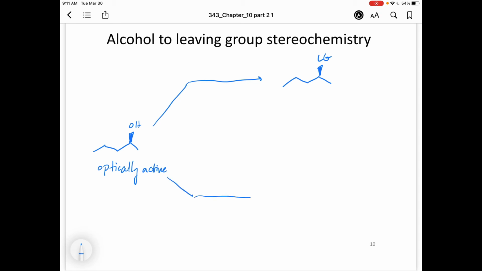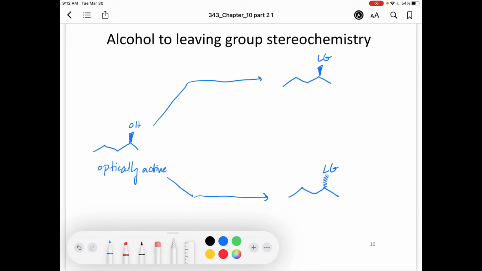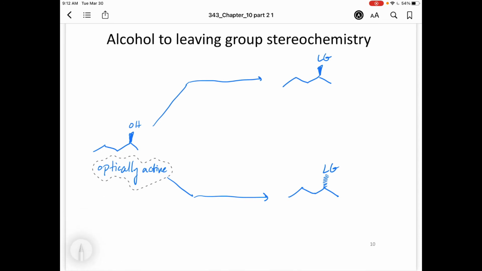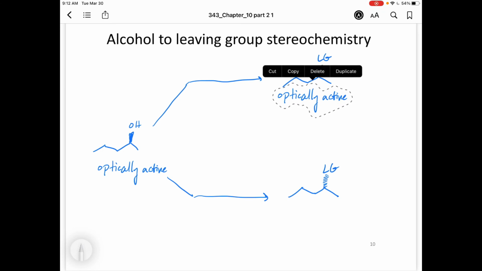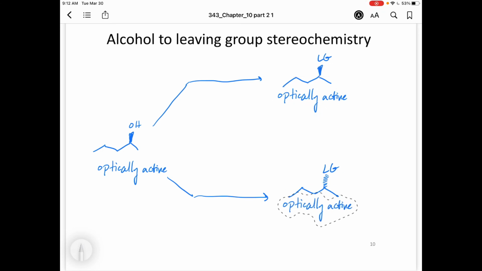What if you wanted to invert it? This is really important when you're dealing with SN2 or E2 reactions where you want a specific optically active compound. So we really need to think about what leaving group we are going to install.